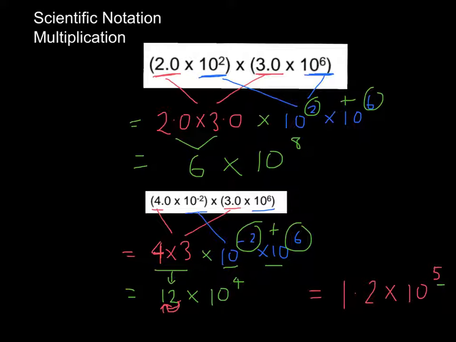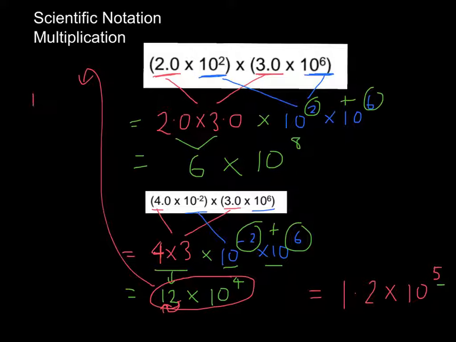Let me explain why. Essentially what I've done is I've turned this number and split it up into 2 different values. So I'll do it over here for you. 12 I've made into a scientific notation number by going 1.2 times by 10 to the power of 1. So you can see if I was to actually do 10 to the power of 1, I'd move it there, it would be 12. And then I've got the other part, so that's the 12 part.